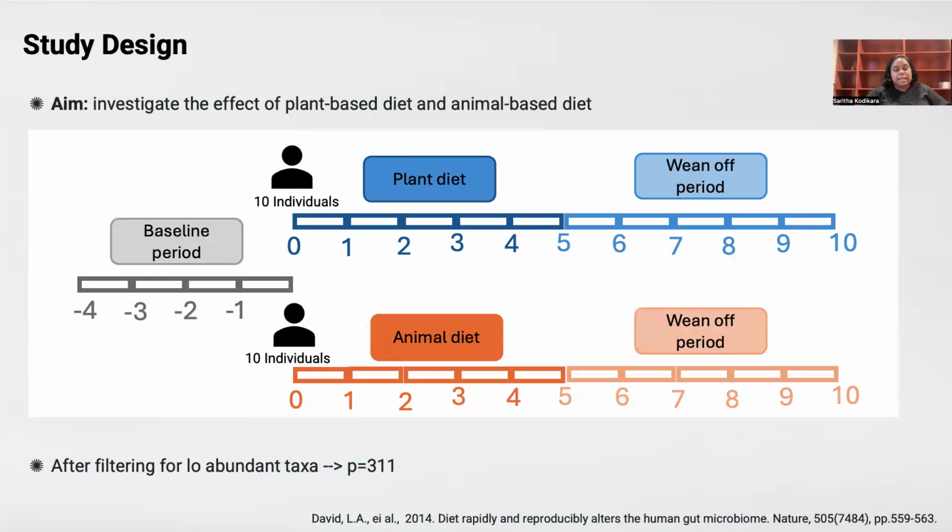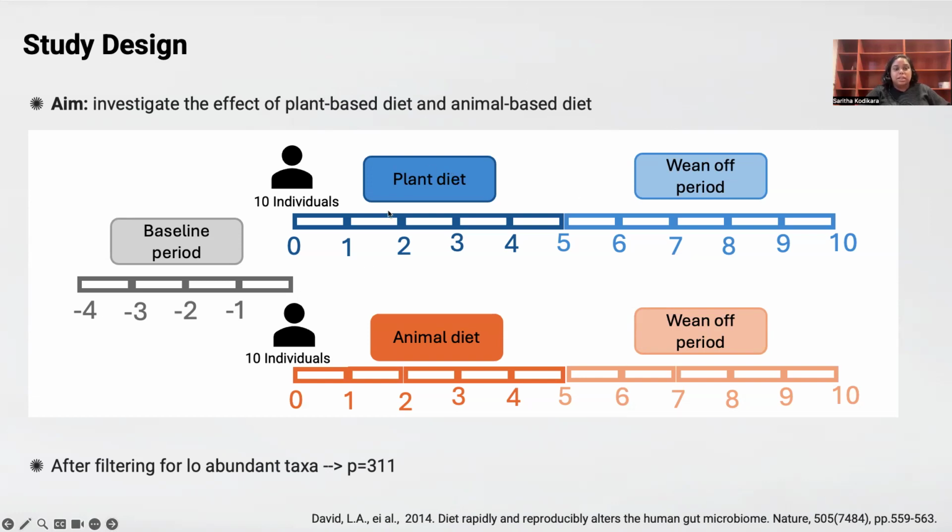What happens in this experiment is that you have a baseline period where 20 individuals have a similar diet, and then from day 0 to day 5, 10 individuals follow a plant diet and another 10 individuals follow an animal diet. Then they are followed for another 5 days, which is a wean-off period, where they look at the effect when they get into a much more balanced diet, or not a very restricted plant diet or animal diet.